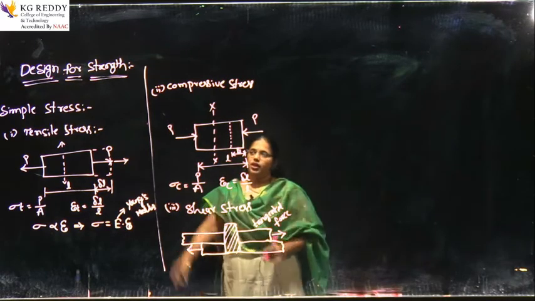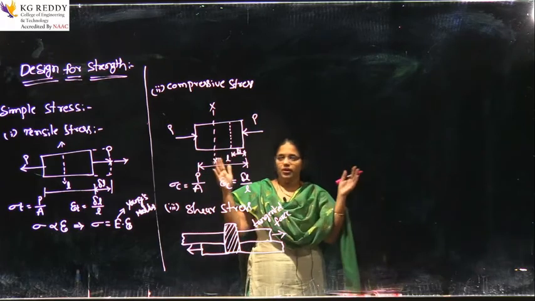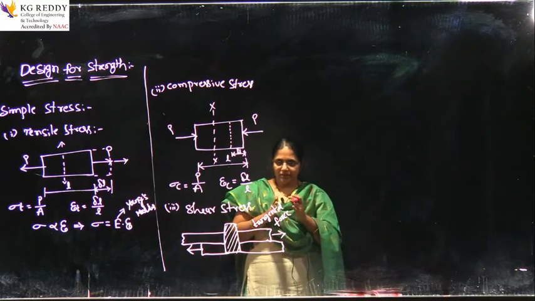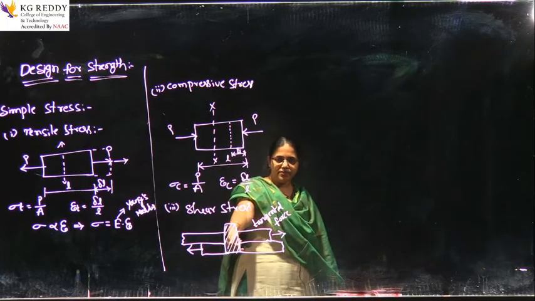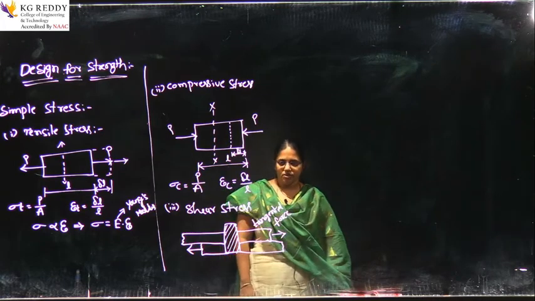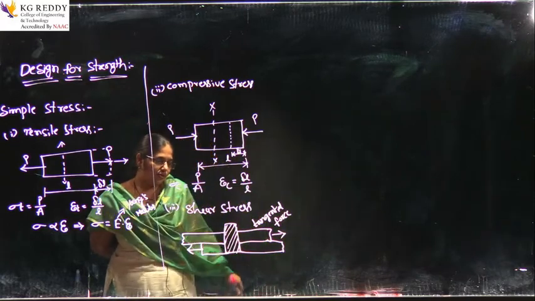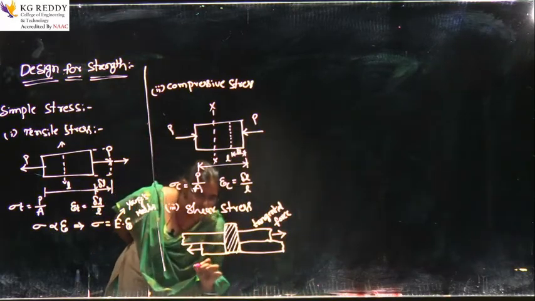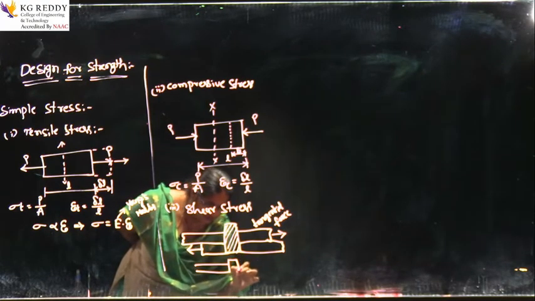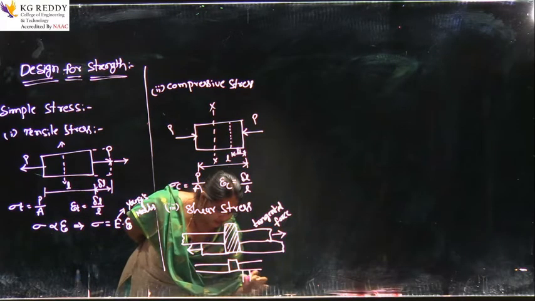When I apply two equal and opposite forces in tension and compression, in one case the bar is elongated, and in the other case the bar element is decreased. But in the case of shear stress, what happens if we apply the tangential force? Whenever we apply the tangential force on the element, the bar may be torn off like this.